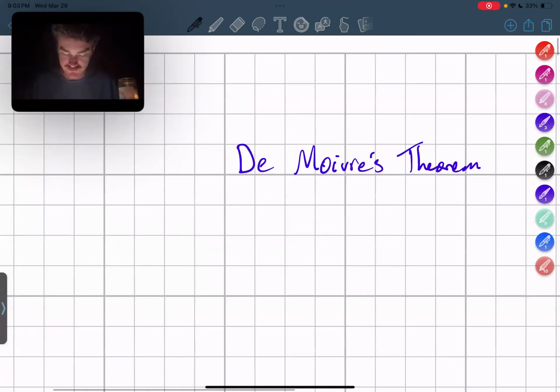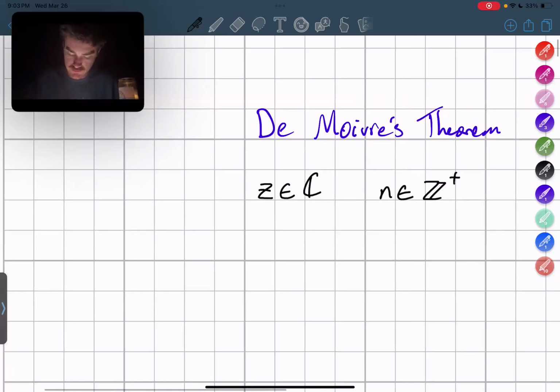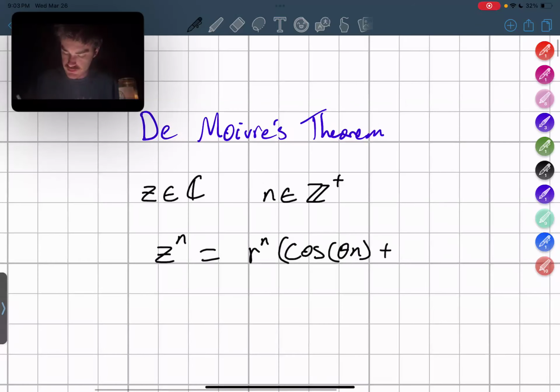All right, so what is de Moivre's theorem? Well, it states that for any complex number z and any n in the positive integers, you can write z to the n as r to the n times cosine of theta n plus i sine theta n.